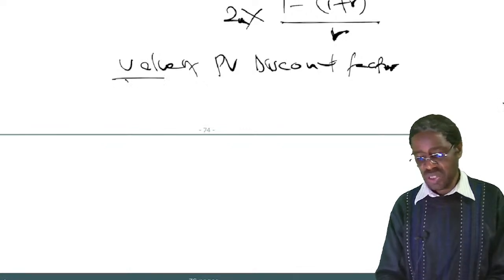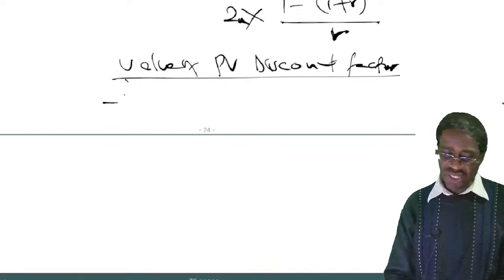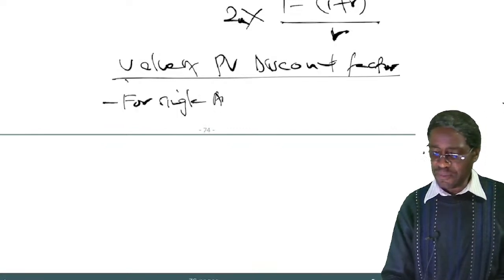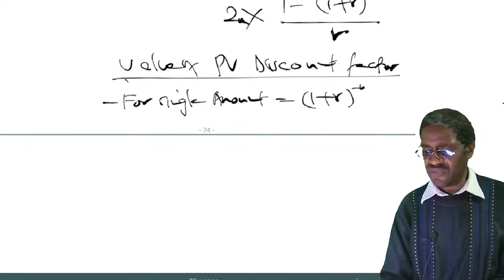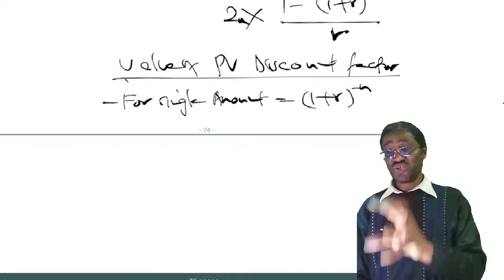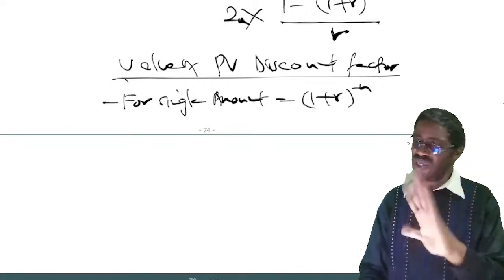But if they don't give it to you, how do you get it? So write down, for a single amount, it is 1 plus R to the power of negative N. For single amounts, though you are doing 2 million, 2 million, 2 million, or they could tell you 2 million, 3 million, 5 million, whichever.